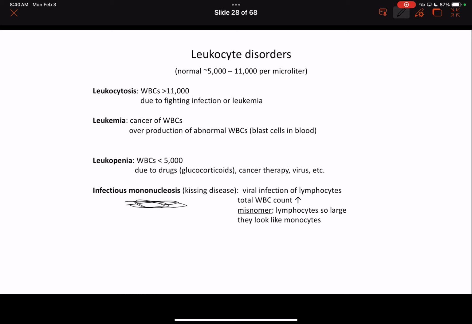Actually, it was lymphocytes that had been infected that made them look so large. So lymphocytes become infected, they enlarge, and they end up looking like monocytes. It was called infectious mononucleosis because they thought those were monocytes when really they were just infected lymphocytes. But they never changed the name to anything that refers to lymphocytes. They kept it as it is. It's still mononucleosis, even though it does not involve monocytes.